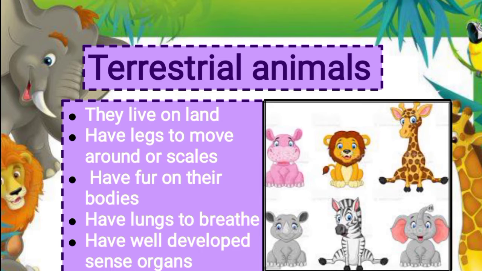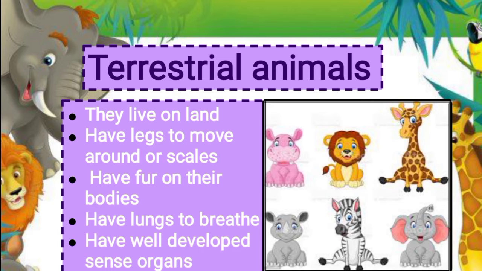So terrestrial habitats are ones that are found on land like forest, grassland, deserts, mountain, and terrestrial habitats also include man-made habitats like farms, cities, and towns.